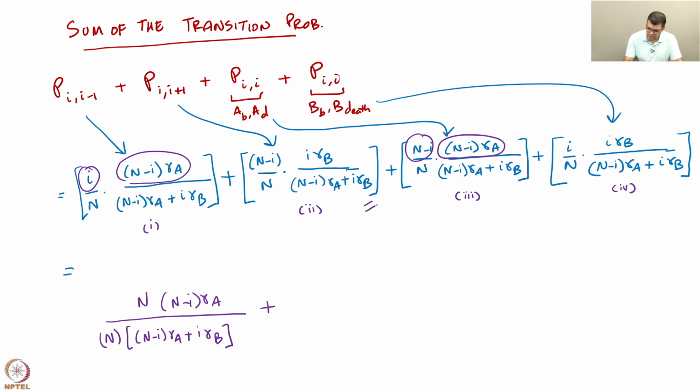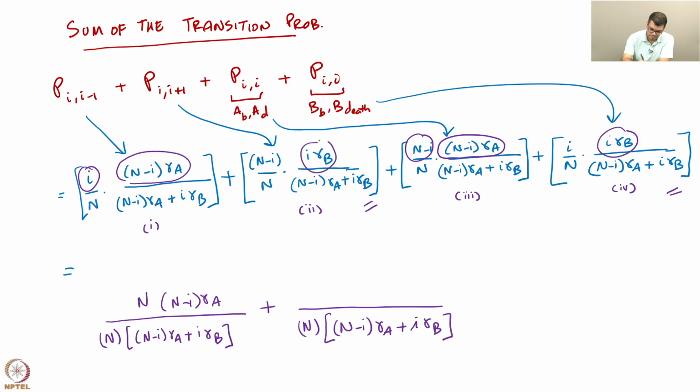Similarly, I will add the second and the fourth term, which has the same denominator, n times n minus I times Ra plus I times Rb, and now I should see that I Rb is the common term between them.